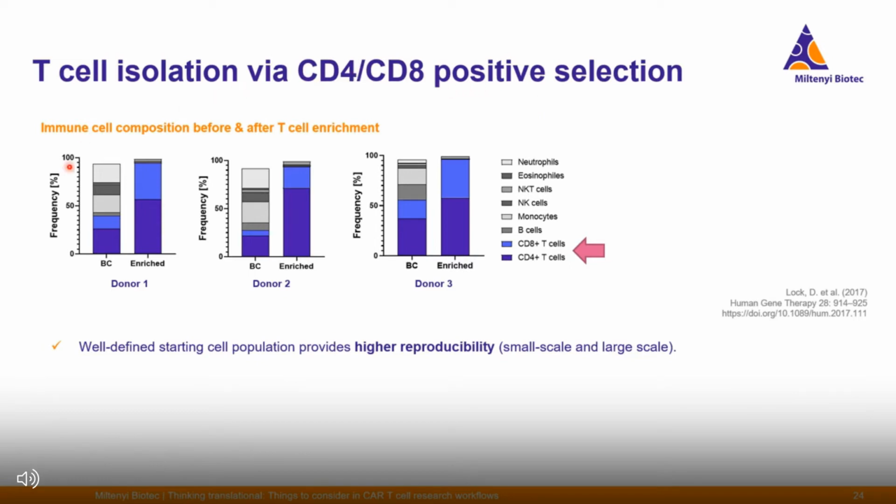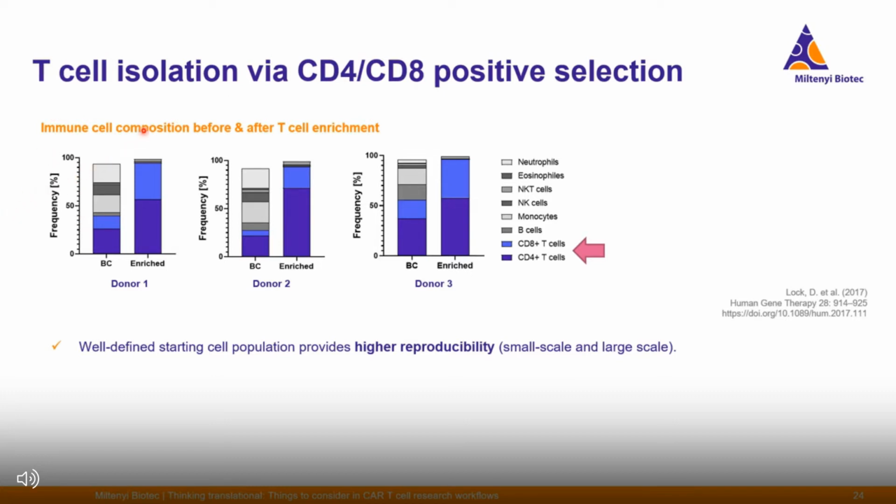And so we assess the immune cell composition using a predefined antibody panel before and after the T cell isolation with CD4, CD8 microbeads. And you can see the numbers of the three different donors. These graphs nicely show the heterogeneity in the cell composition in the starting material, here Buffy coats, and this heterogeneity would be even more obvious if we would use patient material.